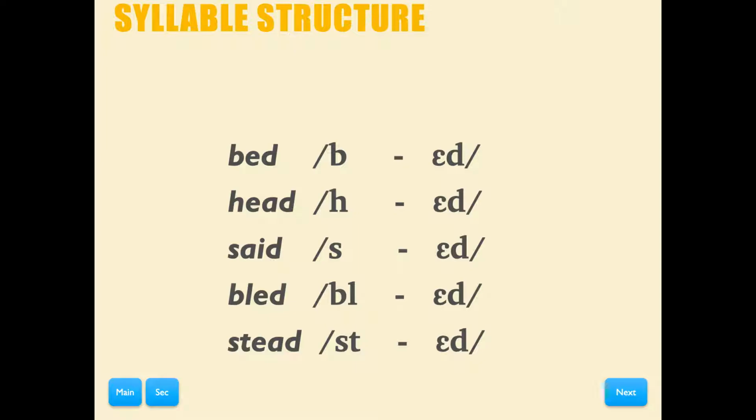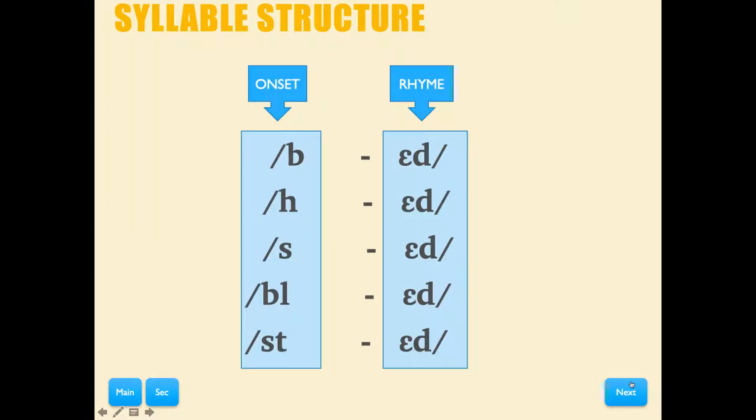So it seems that we have another element of syllable structure at work here. We have the onset that we have defined before, the consonant or consonants before the vowel. But we also have what we call the rhyme of the syllable, which is composed of the vowel plus the consonant after the vowel.